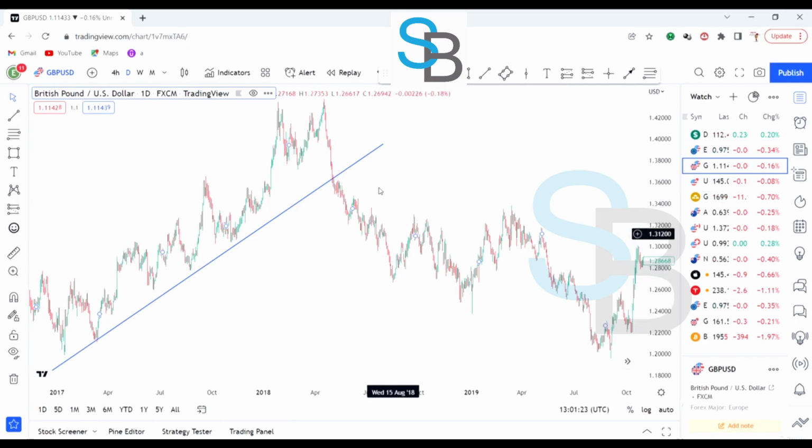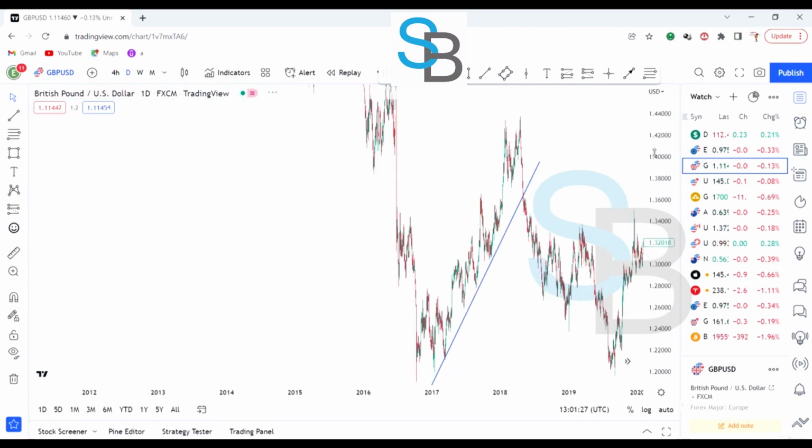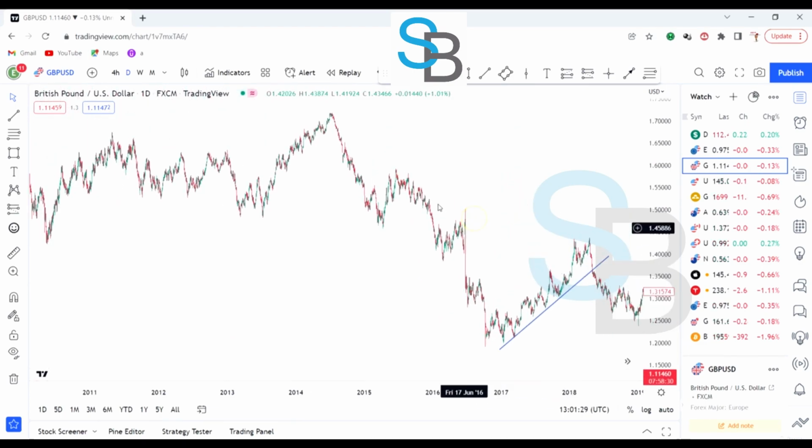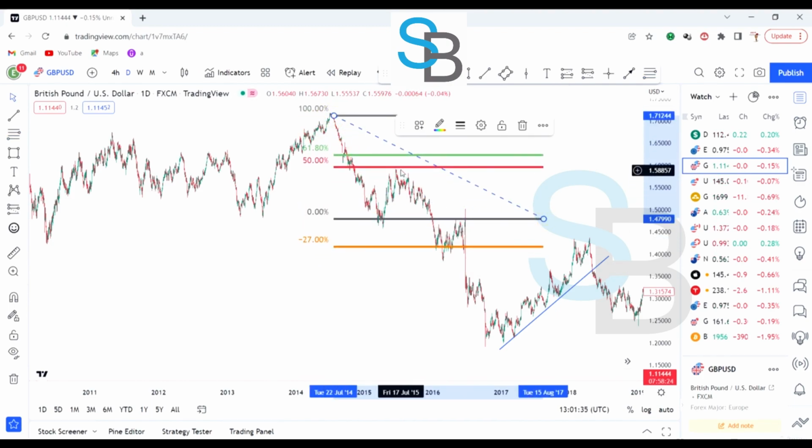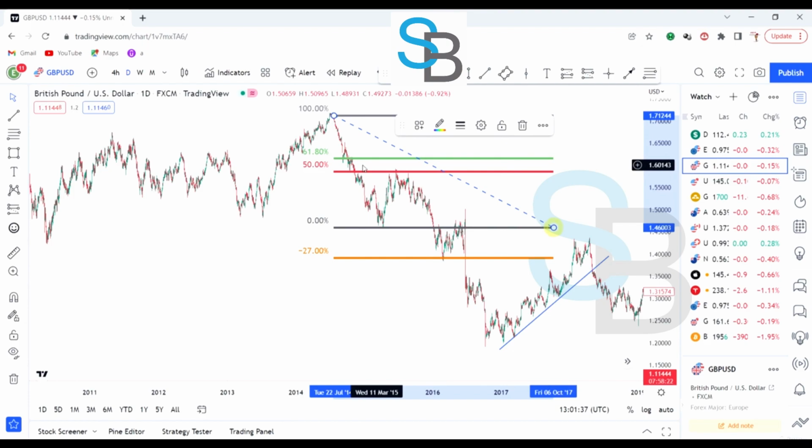So from here on, we will just keep looking for sell opportunities, right? We can draw from here to here. You can see that it came to 50%, right? It came to 50% and continued selling.